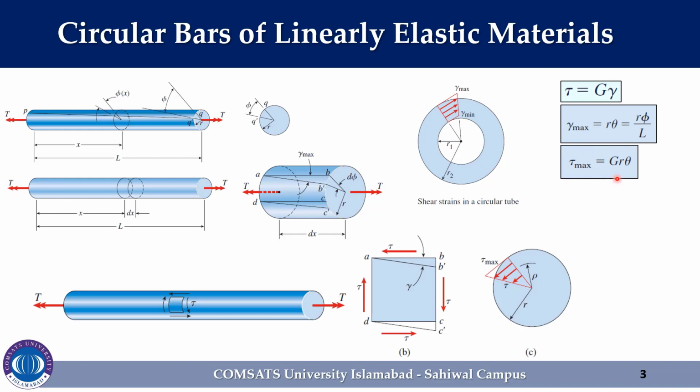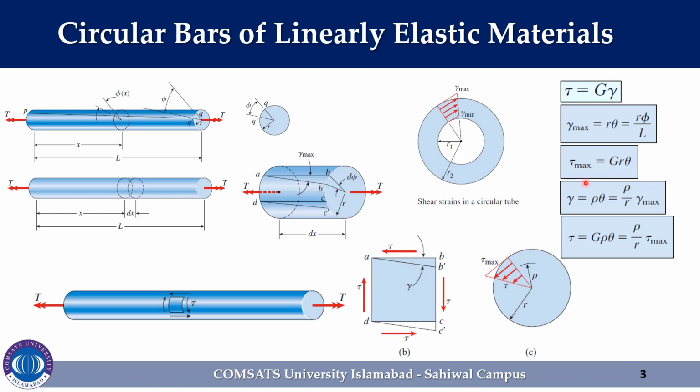Now we will see the equation of shear strains within the bar. The equation is gamma is equal to rho theta, that can also be written as rho over r gamma max. And once again put the value of gamma, that is tau over G, in this equation for shear stress, and the equation now can be expressed as tau is equal to G rho theta. And from the equation of tau max, that is tau max is equal to G r theta, G will be equal to tau max over r theta.